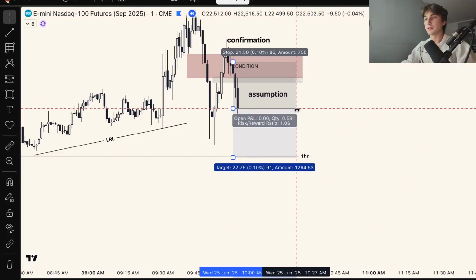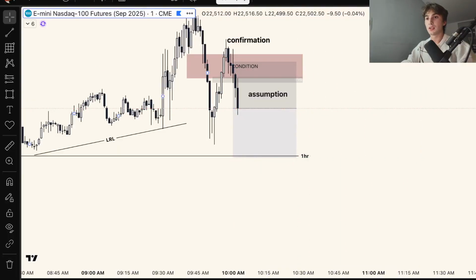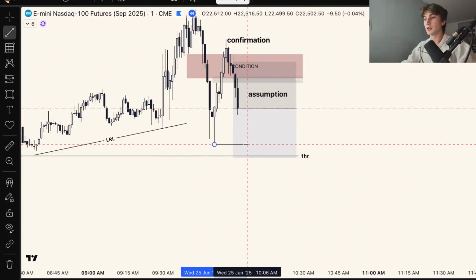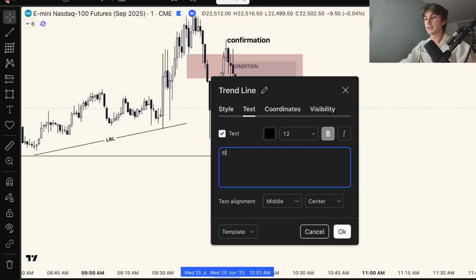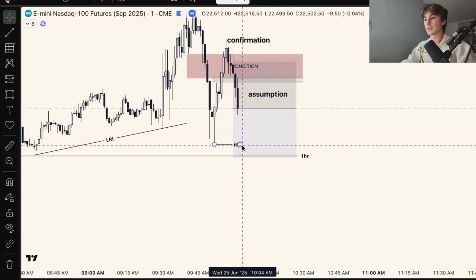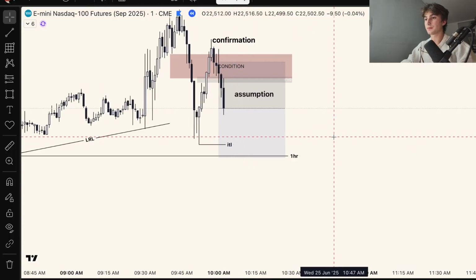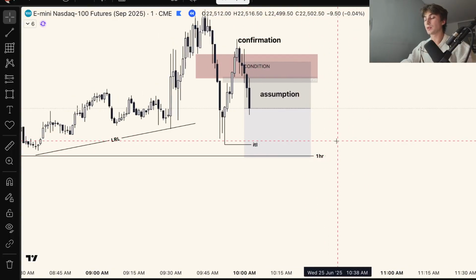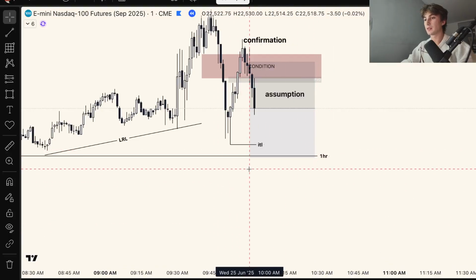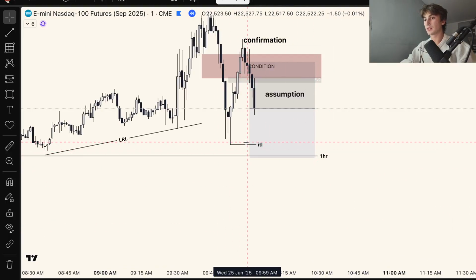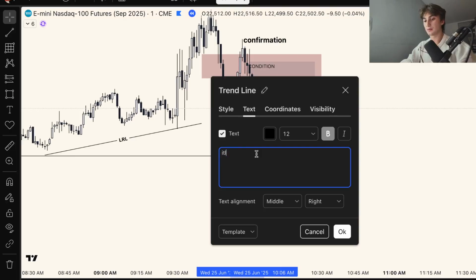As we've taught, you go break even at internal low, like this. And then we'll TP at this unfilled hourly. So this internal low is also always going to be our break even.